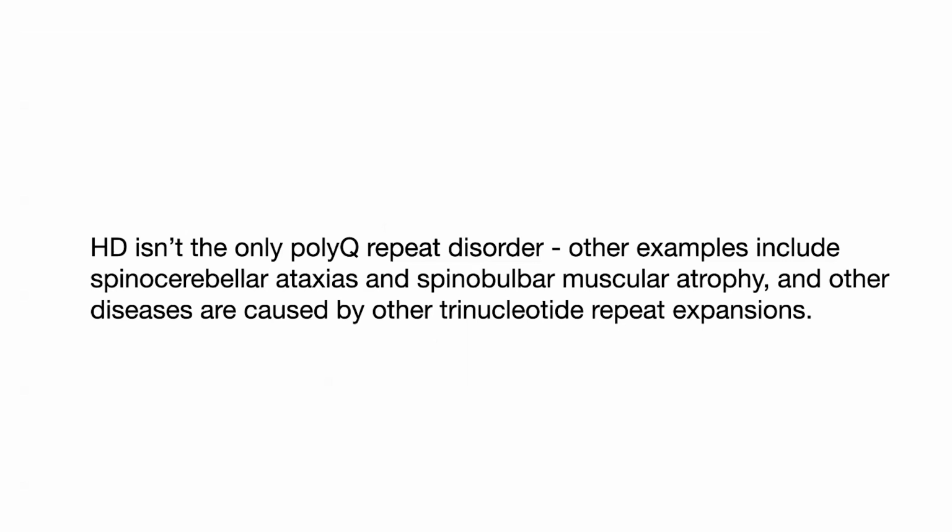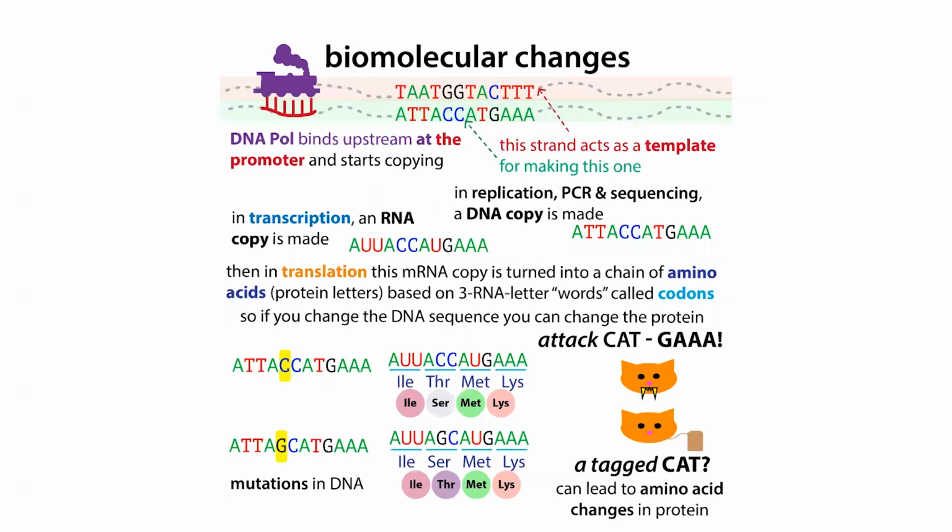So how do these repeat expansions form, and what do we know about them? In order to talk about this, I want to go back and talk about types of genetic mutations in general. The original instructions for making proteins are in the form of DNA, and then in transcription, we make an RNA copy, and in translation, we make a protein from it.